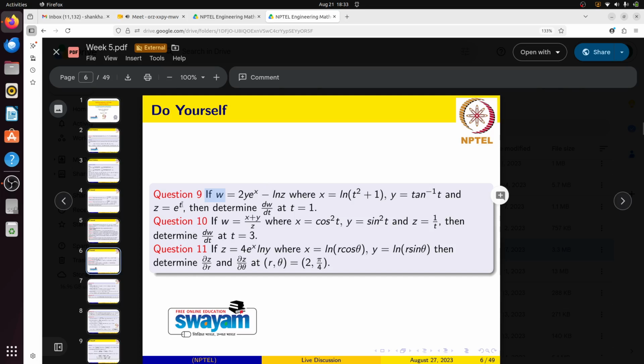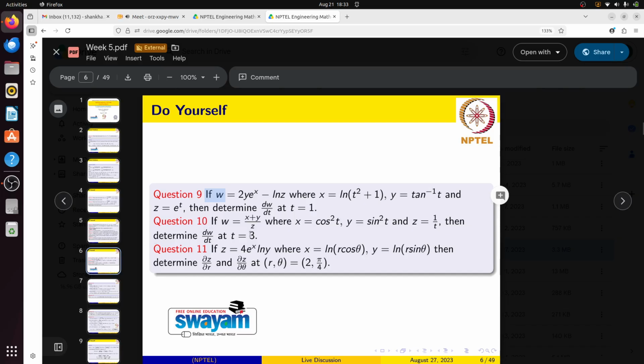Question 9 is: if W equal to 2y e to the power x minus ln z, where x equal to ln(t square plus 1), y equal to tan inverse t, and z equal to e to the power t, then determine dW/dt at t equal to 1. So how will we solve it? You will just put the values of y and x, and then take the derivative dW/dt at t equal to 1. So this is a simple application of the chain rule.